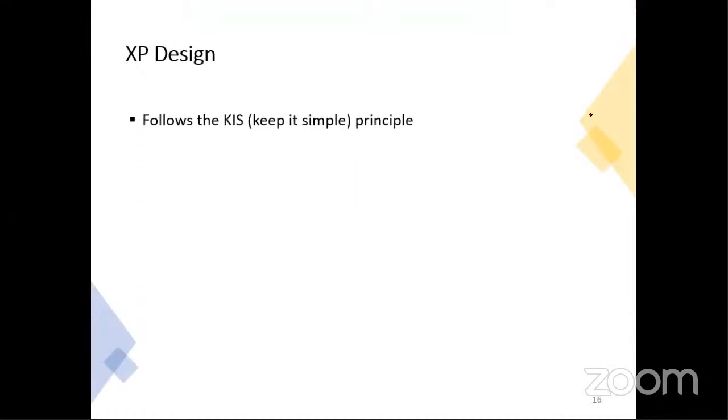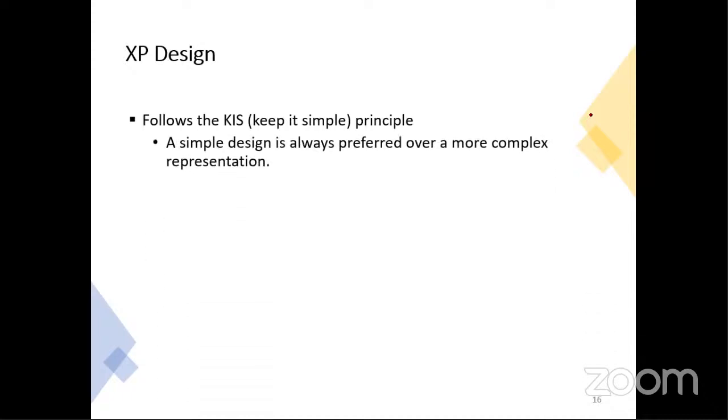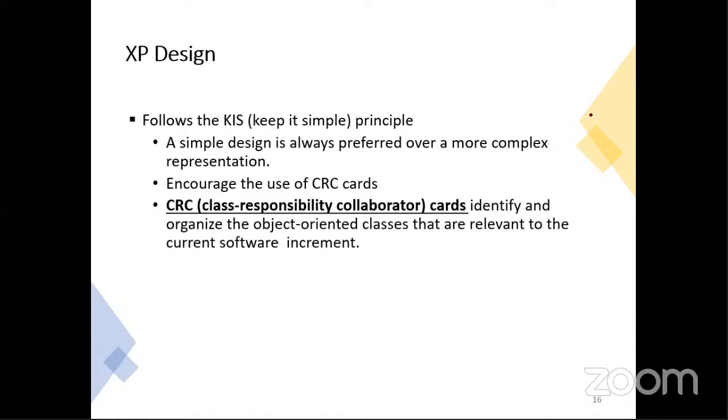The next is XP design. XP follows the keep it simple principle. That is, a simple design is always preferred over more complex representations. It encourages the use of CRC cards. CRC cards are used to identify and organize the object-oriented classes that are relevant to the current software increment.